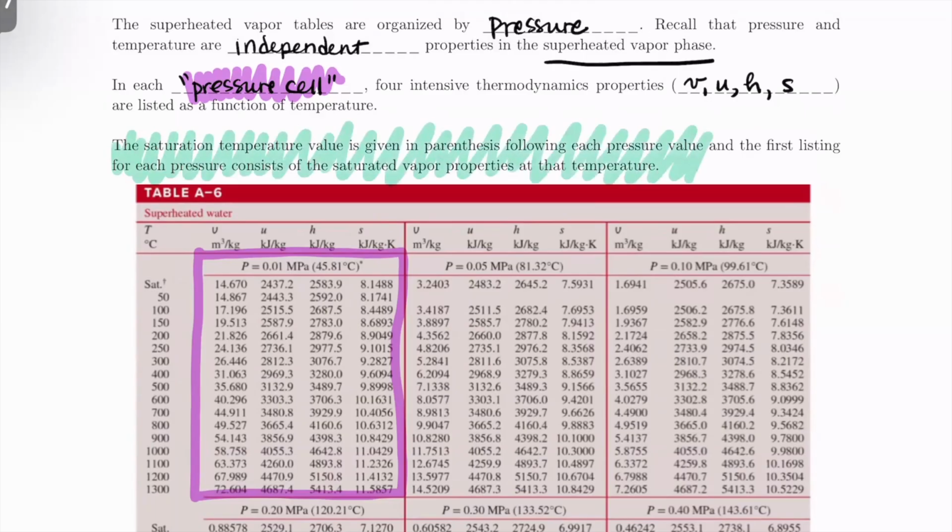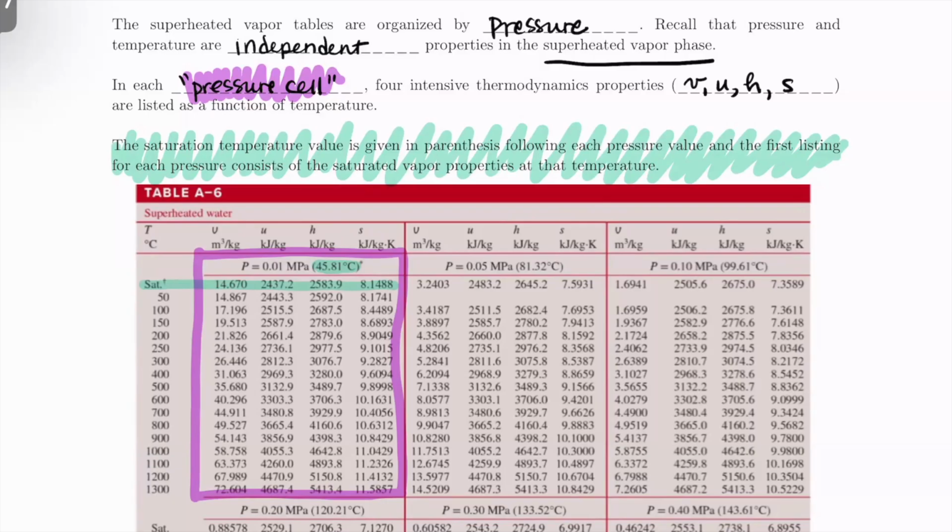So this is our saturation temperature for that pressure. And then our properties that go along with that saturation temperature are shown as the first line. Okay, so organized a little bit differently, right? And in each of the blocks of different pressures, we have all of our values organized by temperature. Okay, so it's kind of like our previous table, but squished down, and then we have it repeated a bunch of times for different pressures.